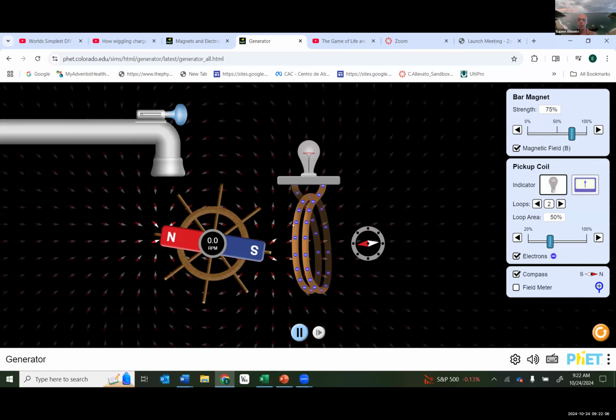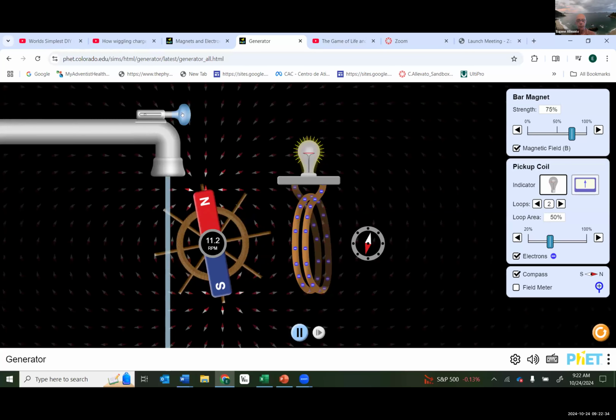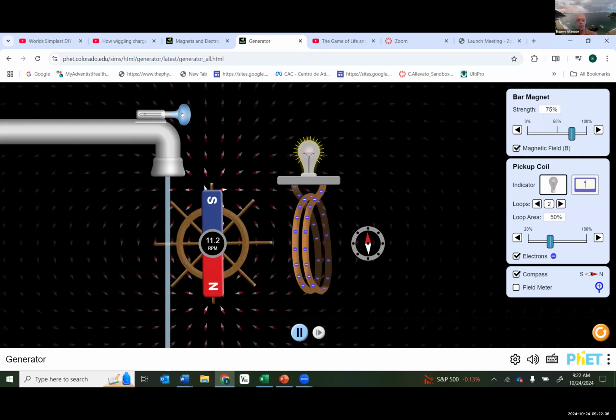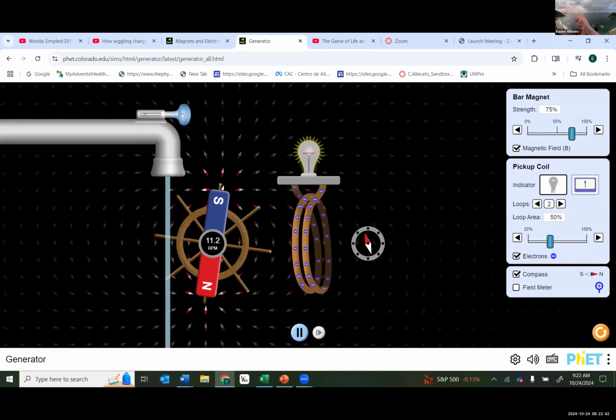The moving charge is going to create a magnetic field that is going to interact with this magnet, and the magnet is going to be moving. So a motor and a generator are themselves kind of the same thing. It's just that you either move the magnet or you have a current going through it.